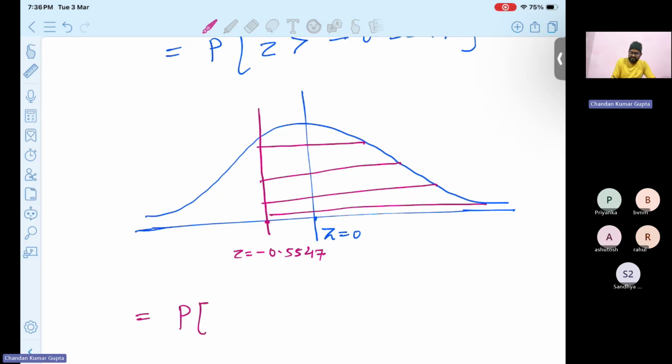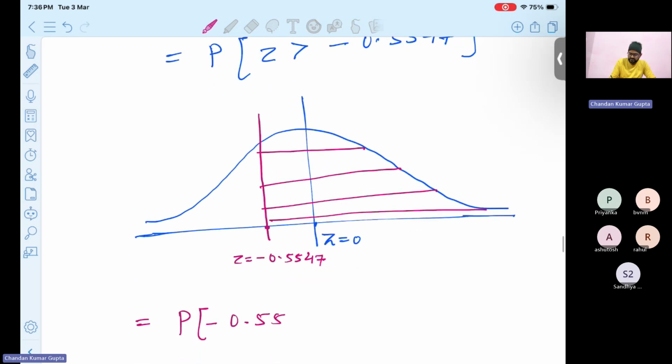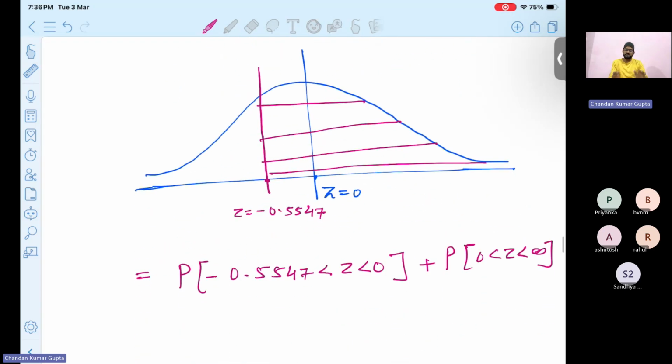So the probability that z is greater than minus 0.5547 can be written as the probability from minus 0.5547 to 0, plus the probability from 0 to infinity.